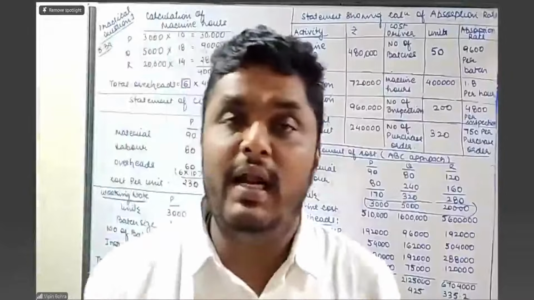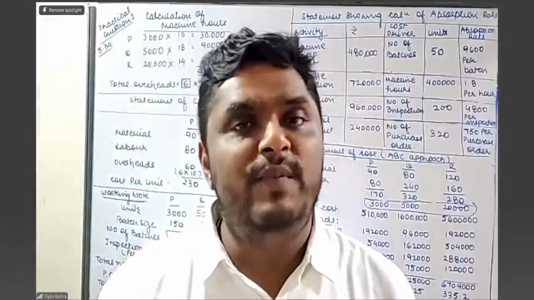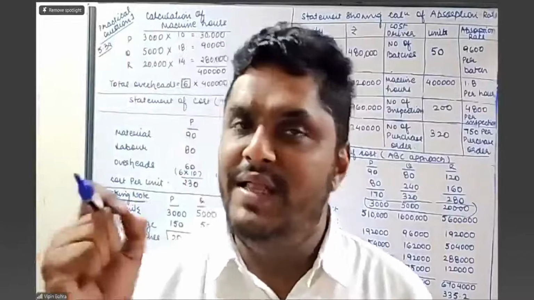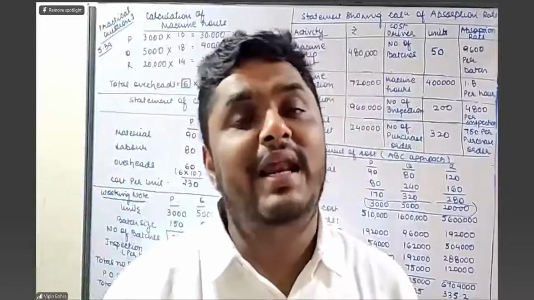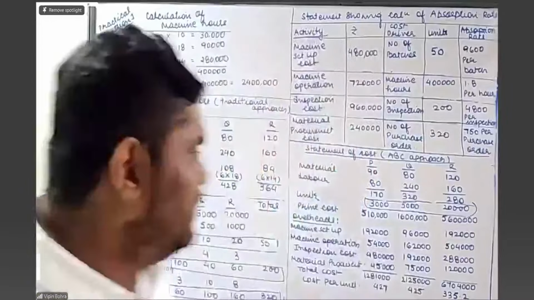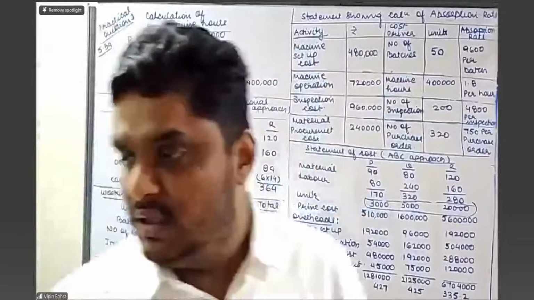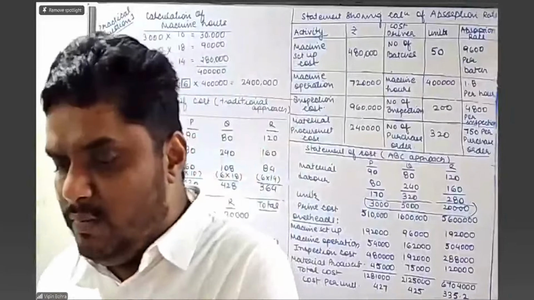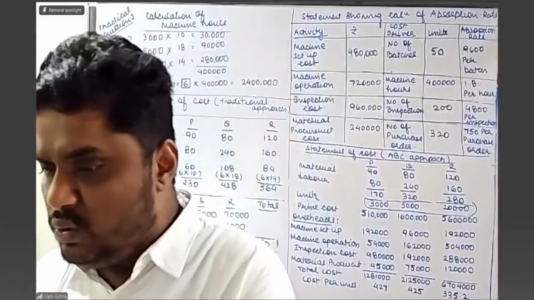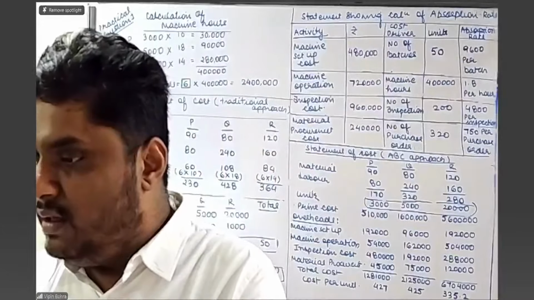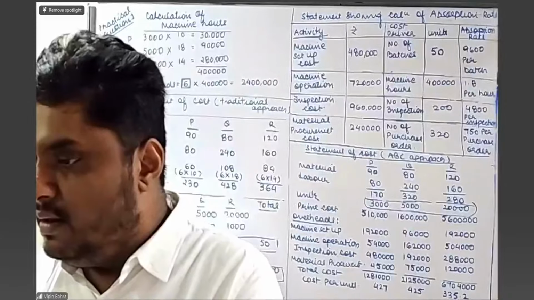Since the overheads are absorbed on the basis of the number of machine hours, herein the overhead absorption rate is also given, that is 6 per machine hour, and the number of machine hours per unit is also given. Simply we have applied the rate and calculated the total cost. I hope your query is resolved, Mustafa, and Miss Riddhi.